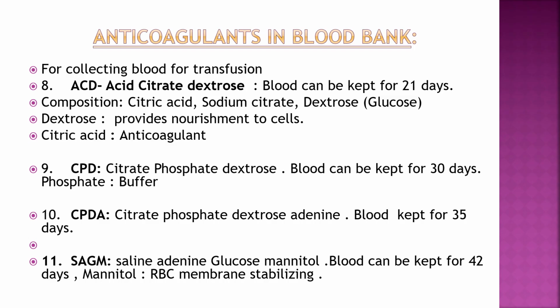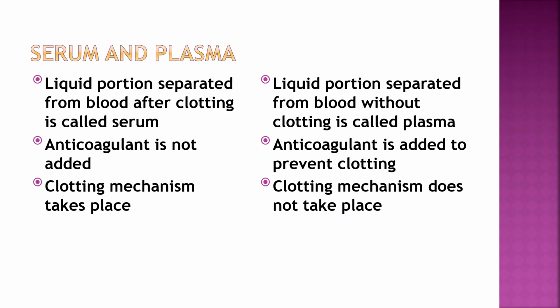Hello students, today we will talk about the liquid portion separated from blood after clotting. In that, anticoagulant is not added, and because of that the clotting mechanism takes place. Plasma is the liquid portion separated with anticoagulant, and therefore the clotting mechanism doesn't take place. Clotting factors are not present in serum, but they are present in plasma.